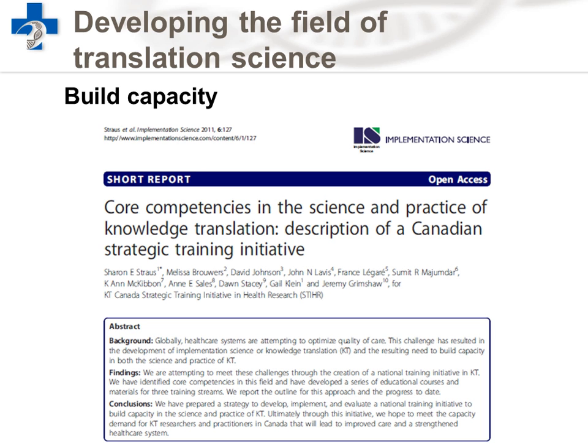So coming now to Alison's comments, one of the things that we did with Katie Canada and our training initiative was to start to think about what the core competencies would be for both the science and practice of knowledge translation. So we identified 3 different groups.